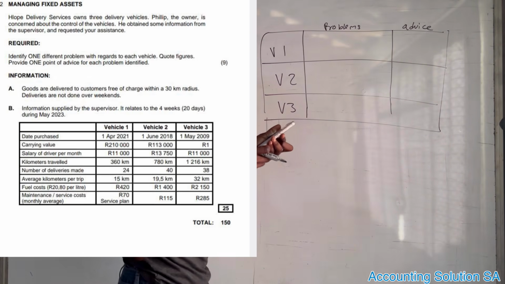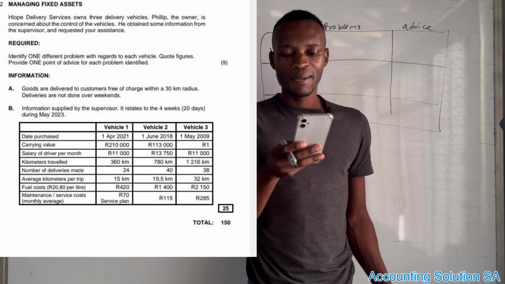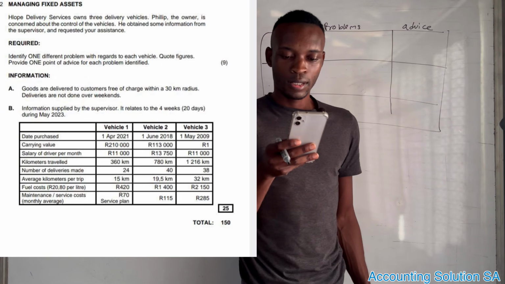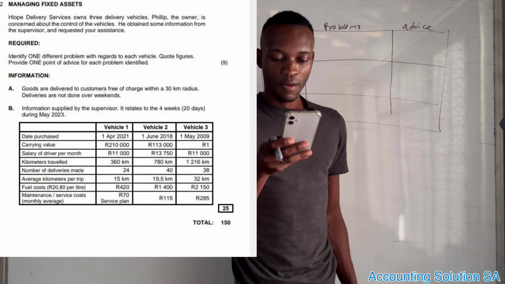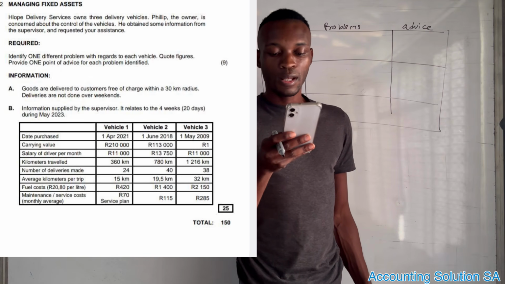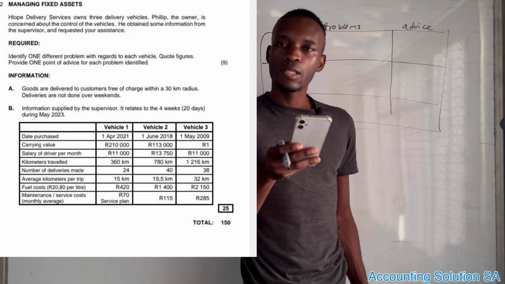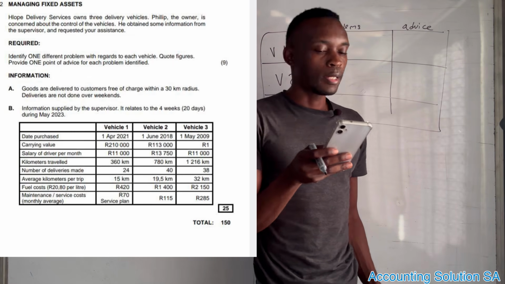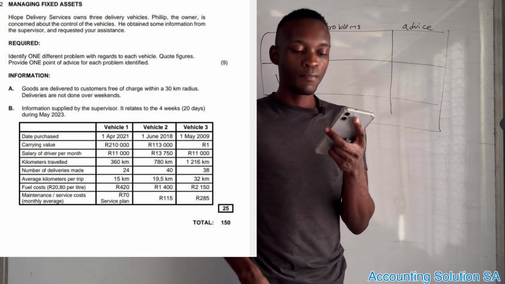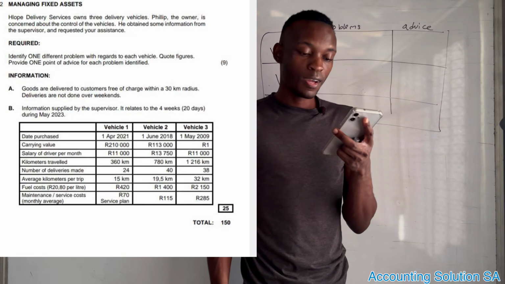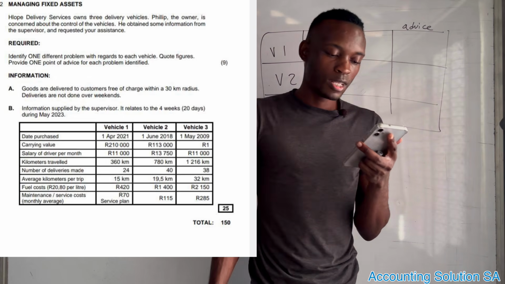If you check under vehicle number 1, the problem that we can identify, guys, is the salary of the driver. He's getting paid 11,000, but how many kilometers has he traveled? Only 360. Yes, he's been paid the same as vehicle number 3, but vehicle number 3 is traveling a lot, 1,000 something, but this one travels against.